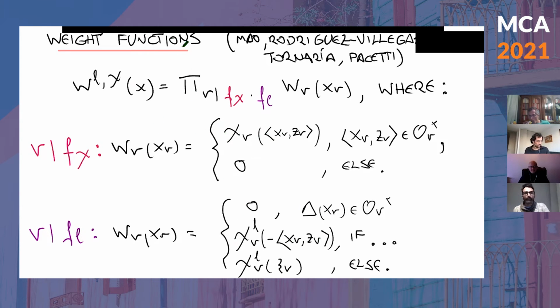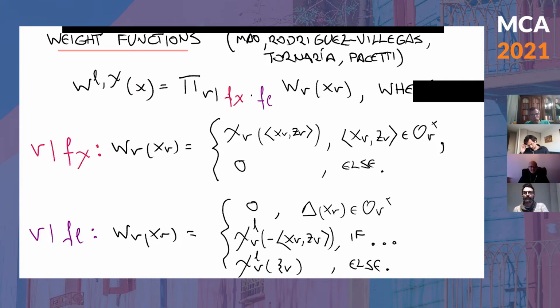These wave functions do not belong to us. Originally, they were considered by Mao, Rodriguez-Villegas, and Tornaría when they were considering this problem in the rational case, in the case of prime level, and later on by Tornaría and Ariel Pacetti in the case of composite levels over the rationals.